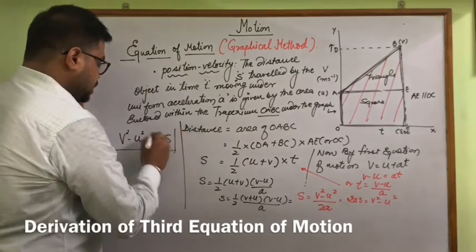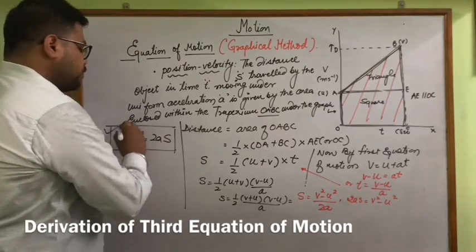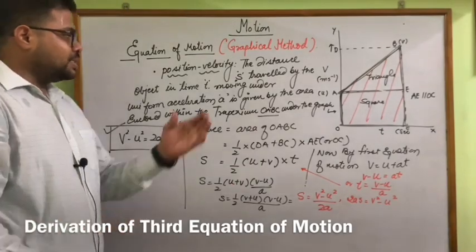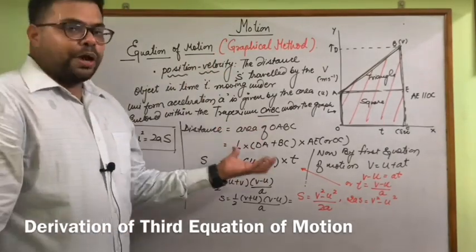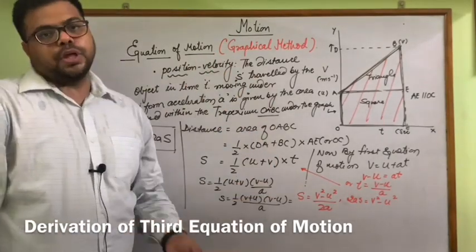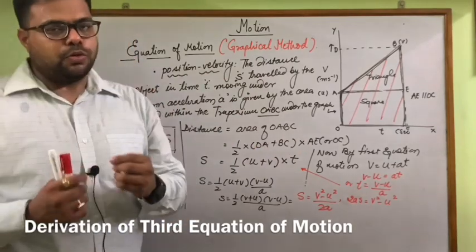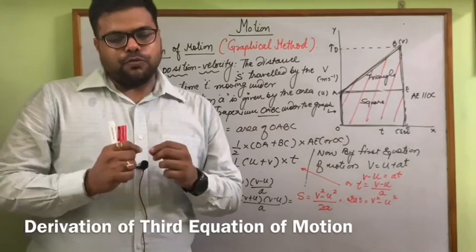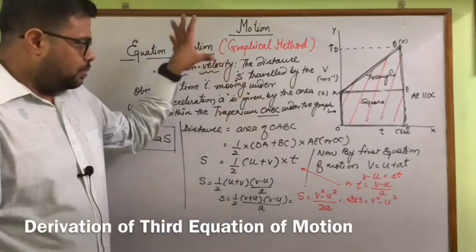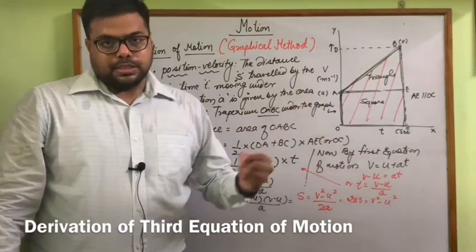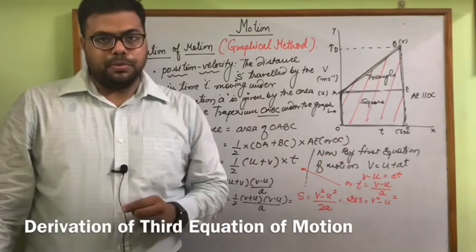So this is the third equation of motion. Please consider and try to learn each step. If you find difficulty, definitely ask. We suppose that you must find difficulty. So again, pause the video, see the steps, and it is a must to ask your problem.